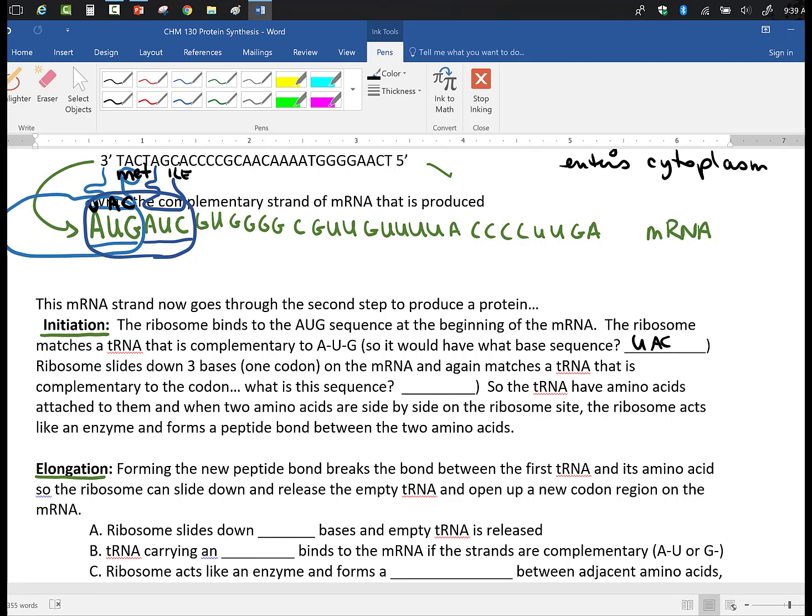So what is the tRNA's code? If it's AUC, A would be a U, U would be A, and C would be G. So you see that those are different. That tRNA would have to have a sequence that's complementary to the mRNA strand.